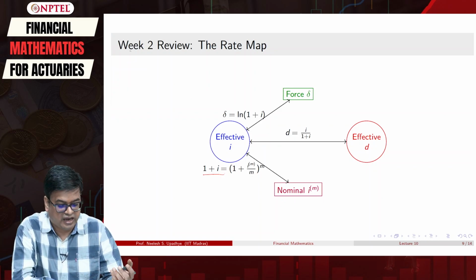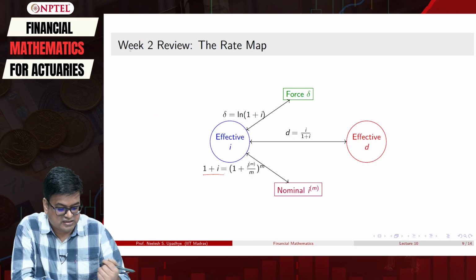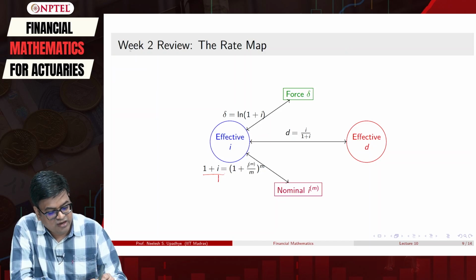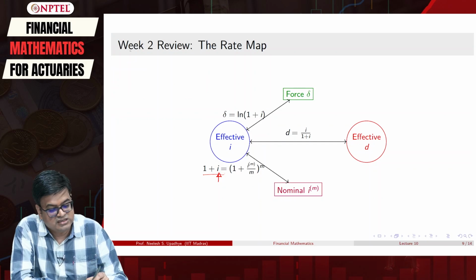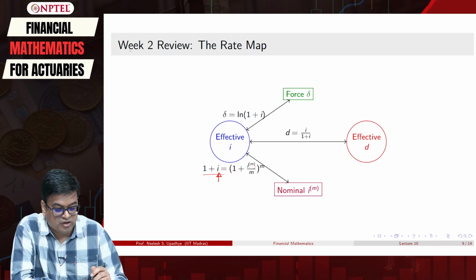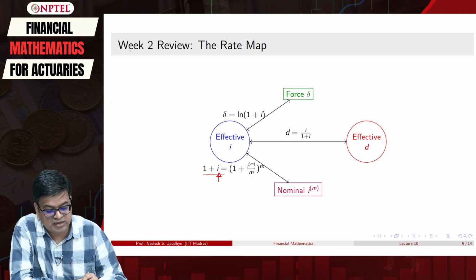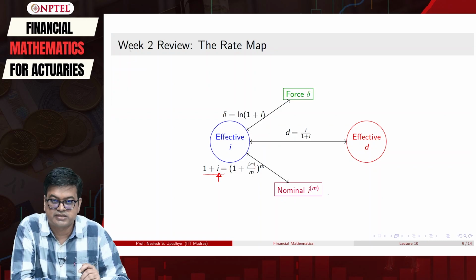This i always represents the effective interest that you are earning. This i_m is the interest on the compounding period, and it has a name called nominal interest rate.